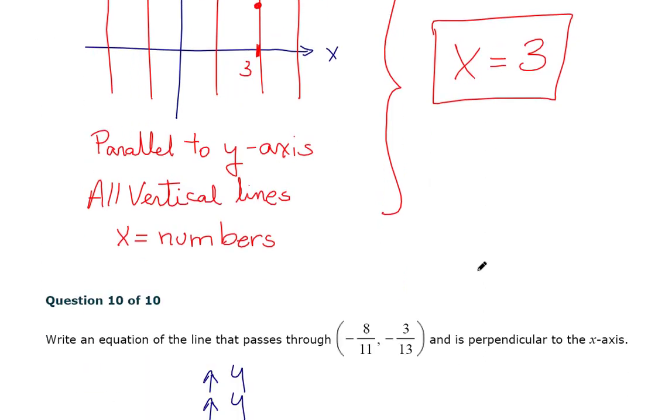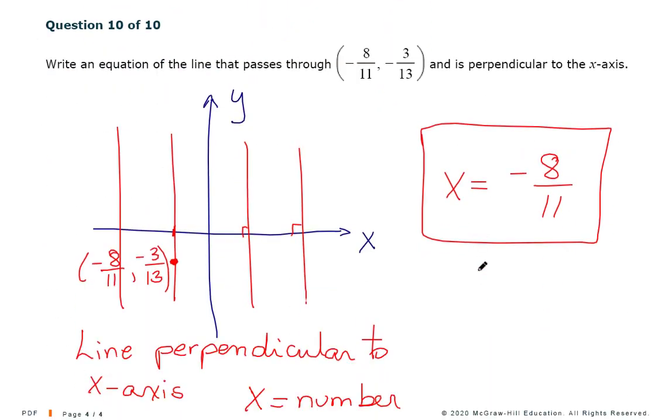And finally, in question 10, we want to find an equation of a line that passes through this point and is perpendicular to the x-axis. How do I make something perpendicular to the x-axis? Well, it's got to go up and down. And if it's up and down, it's perpendicular.